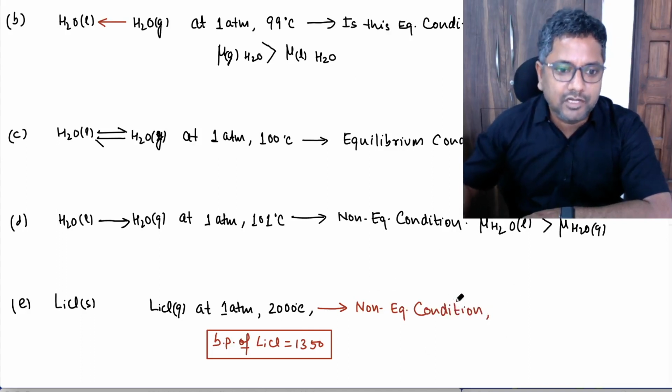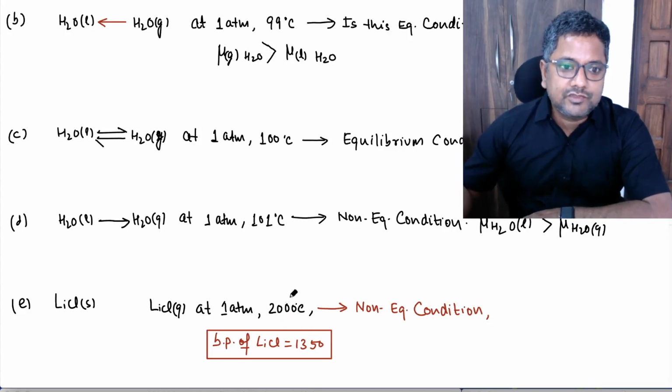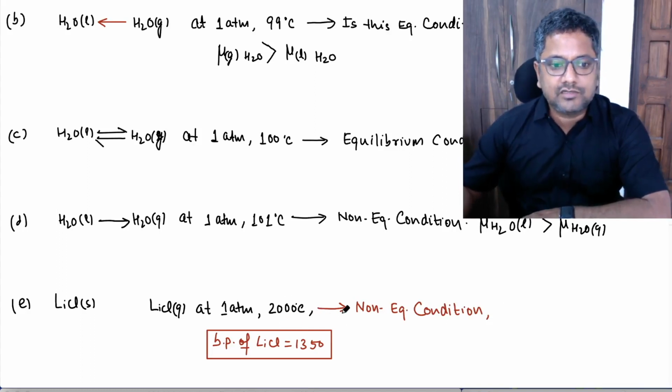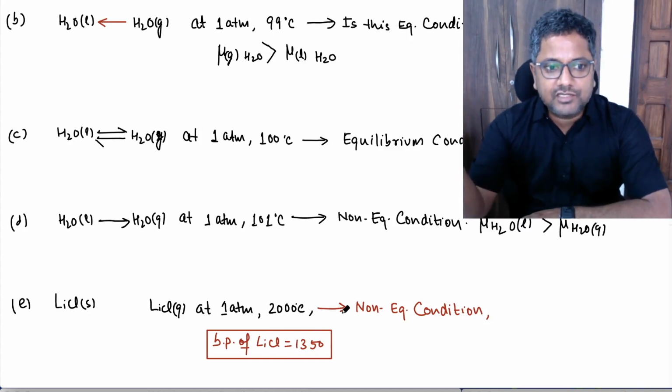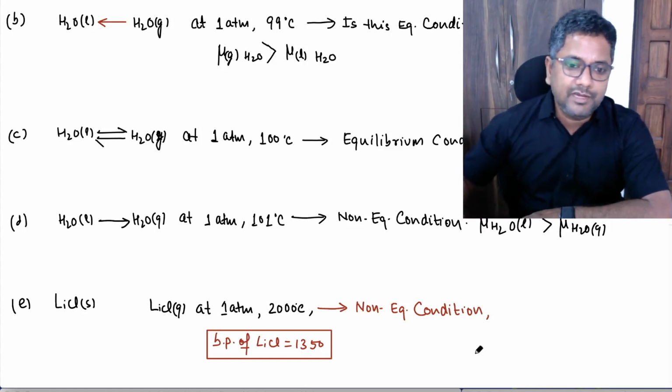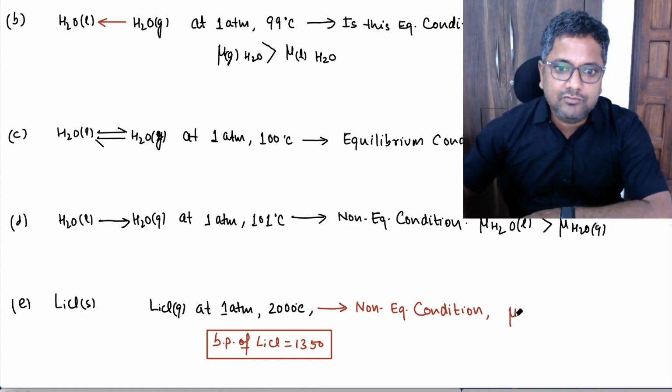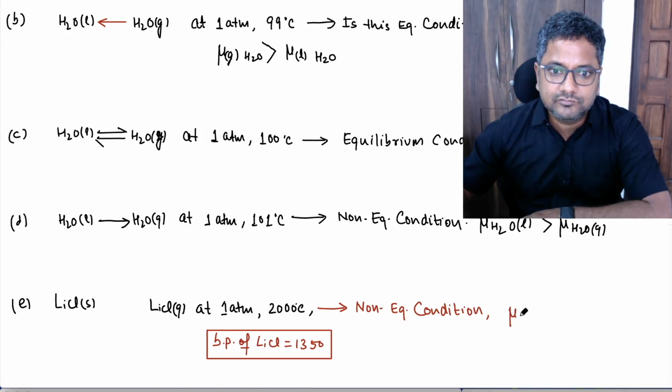This 2000 degrees Celsius temperature is much higher than its boiling point. So obviously the vapor phase is dominating here, and you can say the mu of lithium chloride solid is more than the mu of lithium chloride gas.